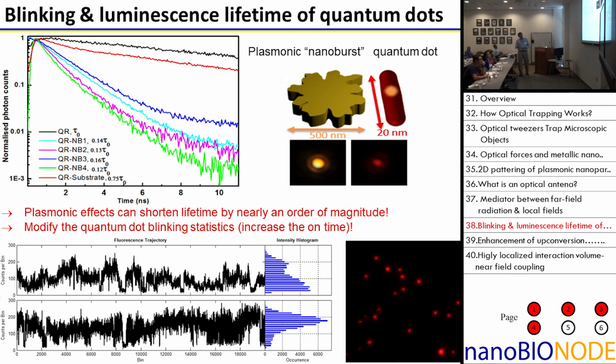So as you bring this nanorod close to this plasmonic nanoparticle, you see that your quantum rod would have a much shorter fluorescence lifetime as compared to that far away from the particle, right?